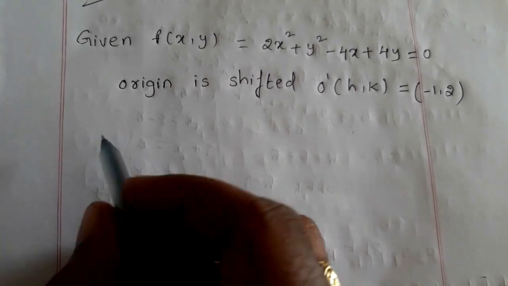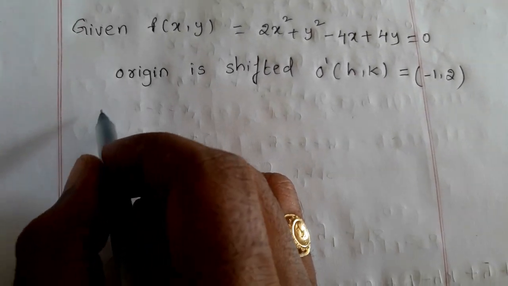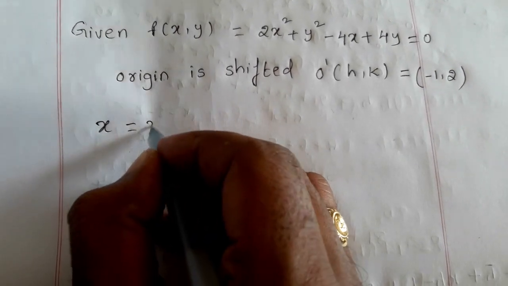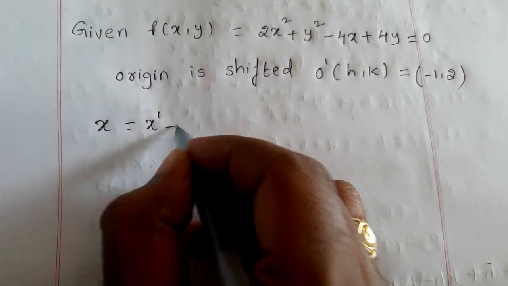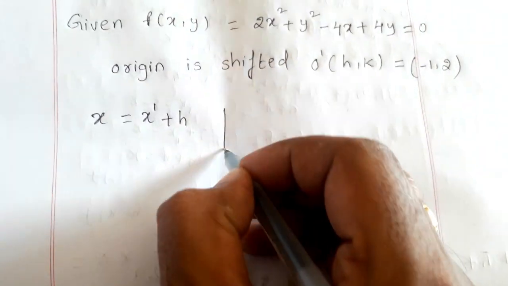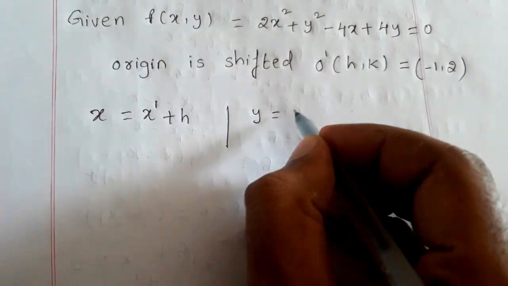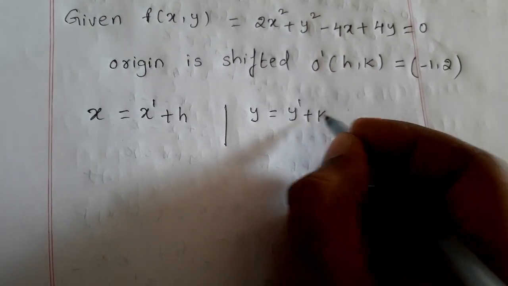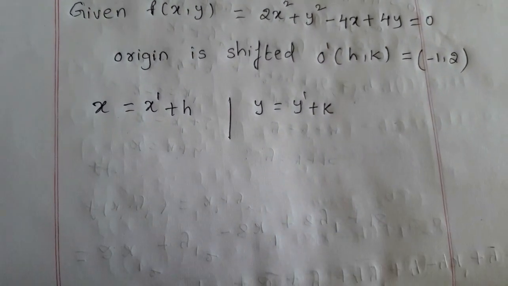Now see here, first you find the x value and y value. We know that x = x' + h, y = y' + k.